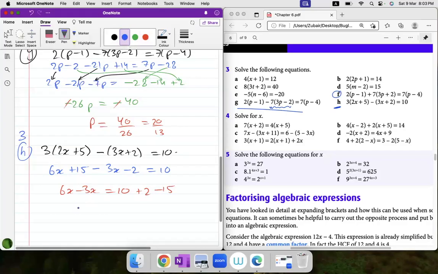Three over 4. Negative 3. 3 2 times 6, 15 minus 3 minus 2, 10.